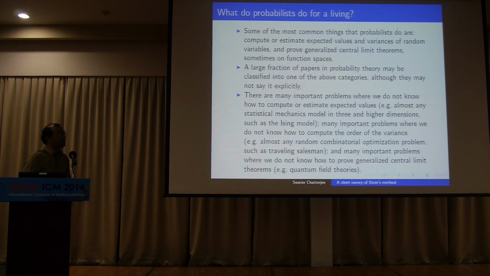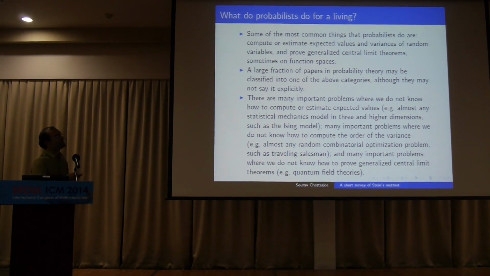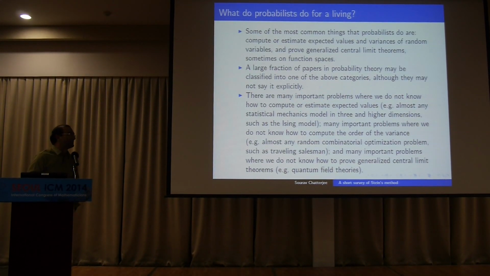And also, these generalized central limit theorems, in the sense of convergence to distributional limits, for instance quantum field theories, or in Martin's talk, what you were hearing about the KPZ thing. There are lots of these, but we don't have any idea how to do anything.